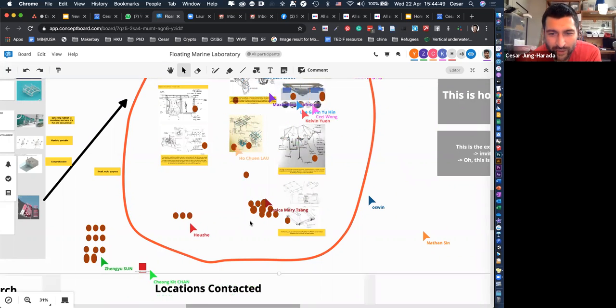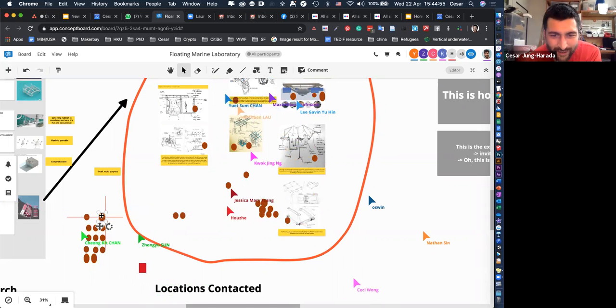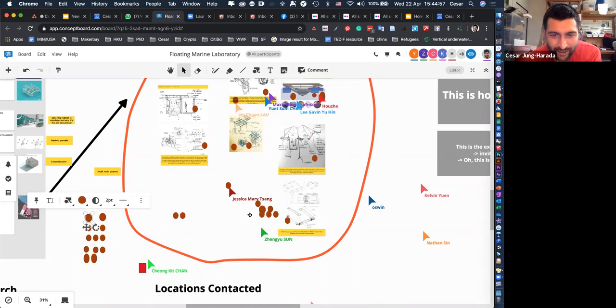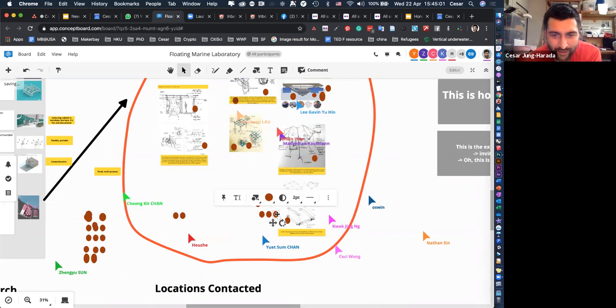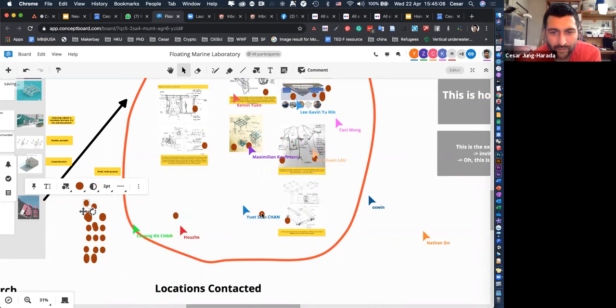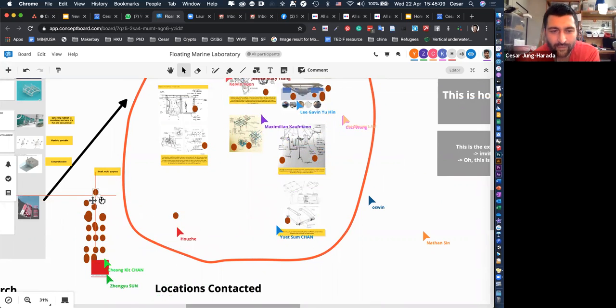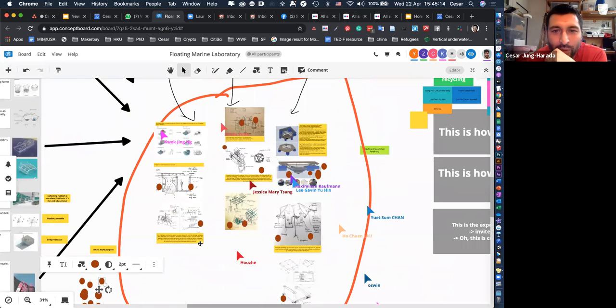Guys are moving so fast, I didn't have the time to create the dots. Okay. So everybody can put 3 points.